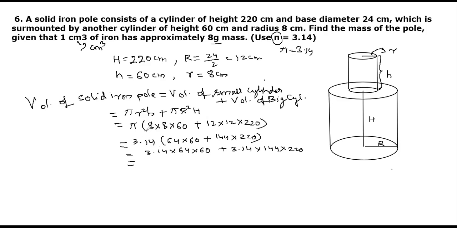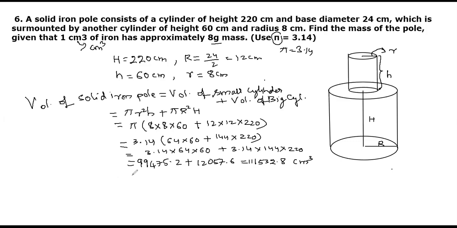When you multiply, this multiplication gives 99475.2 plus 12057.6, and this will be equal to 111532.8 cubic centimeters. This is the total volume of this iron pole.